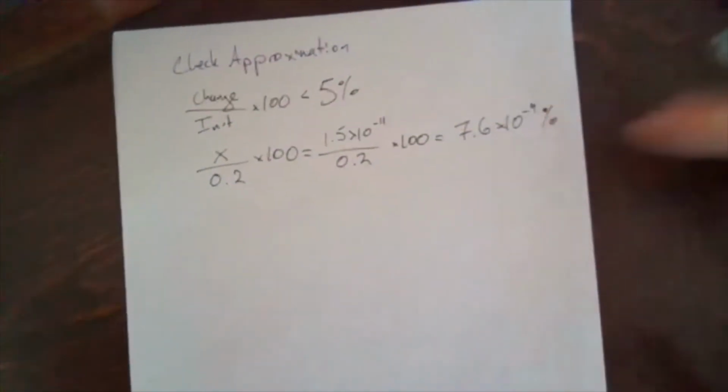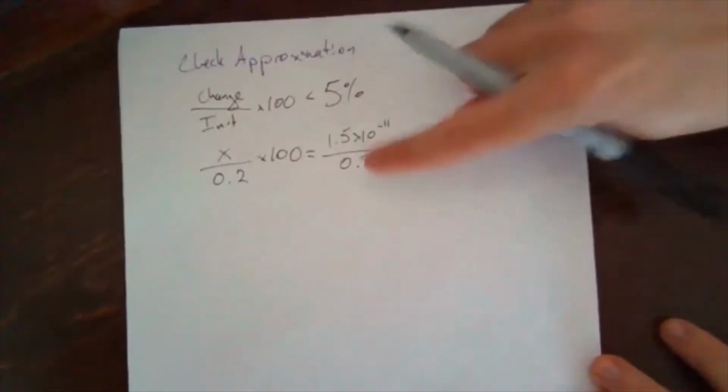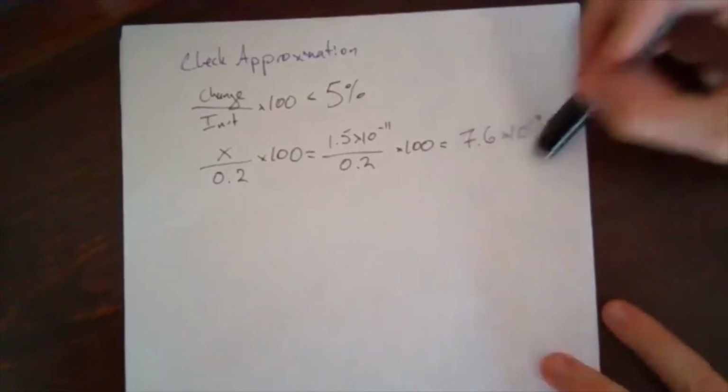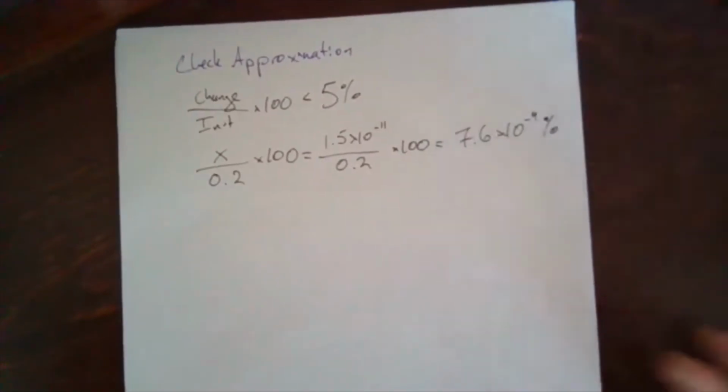That's a sign that this is very small. This percent change was very small, so you know our approximation that 0.2 minus x is 0.2 is valid. The error is 7.6 times 10 to the negative 9 percent, which is not error that's ever going to matter.